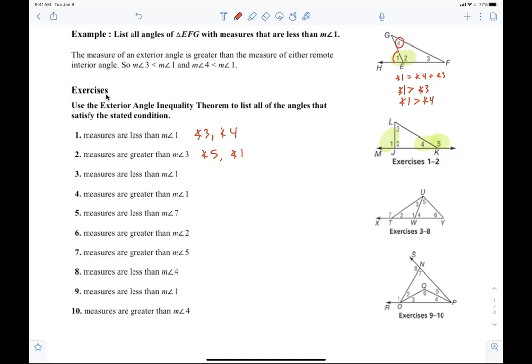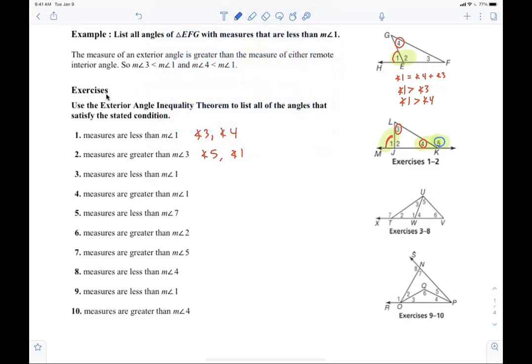There is no relationship. The relationship is the exterior angle. Here's the only thing you know: the exterior angle is greater than the remote interiors. That is the only thing we know. If it's not an exterior angle, you can't relate it to anything other than the remote interiors. Just like angle 5.